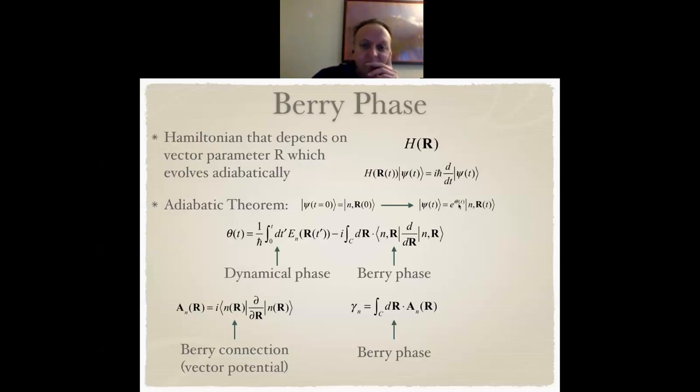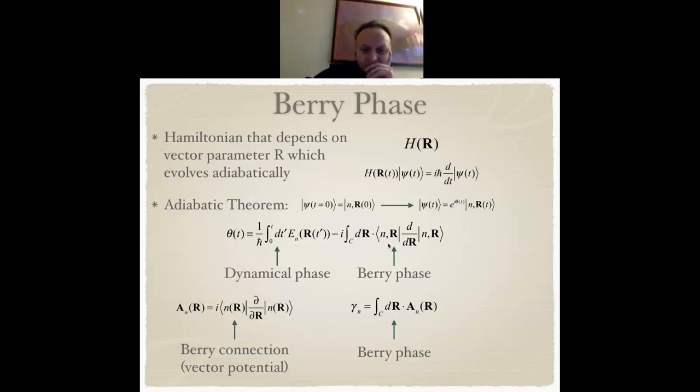This phase factor can be calculated. You put this back into the time-dependent Schrodinger equation and solve the differential equation. You're left with two terms, a dynamical phase factor and the Berry phase, which is a geometric phase. And it's under a closed loop in parameter space. That part is important.